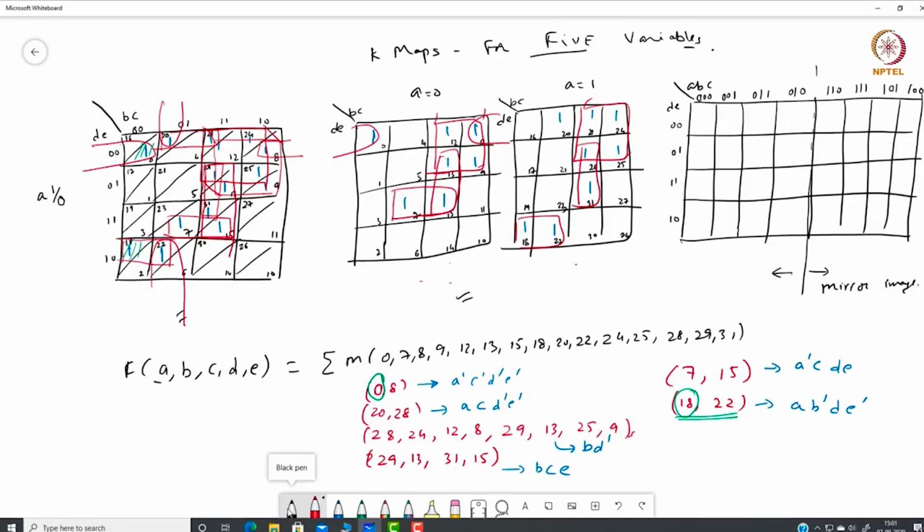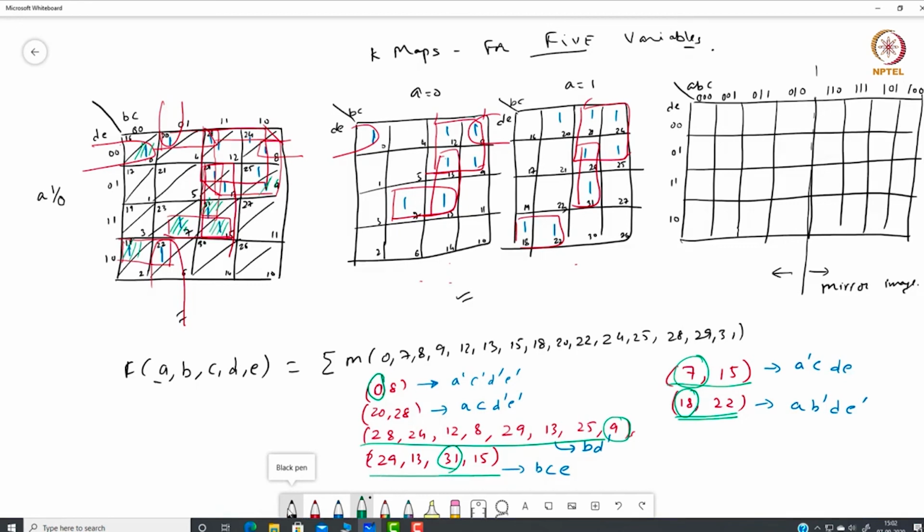Now we see 9 is covered by only 1, so this is also an essential prime implicant. 7 is also covered by only one implicant, so this is also an essential prime implicant. 15 is covered by 2 prime implicants actually, but 31 is covered by only 1 implicant, so that makes this also an essential prime implicant.